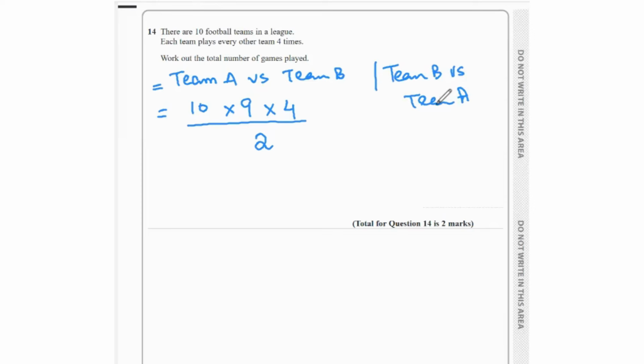If I'm taking red and blue counters and I'm not specifying the order, I can take the red counter first, then the blue counter, or I can take the blue counter first and then the red counter. So this is very similar to that. I can say it's team A versus team B, or team B versus team A. So that's why when it's being repeated, we divide it by 2. So 10 times 9 times 4 divided by 2 is 180. And that's your answer.